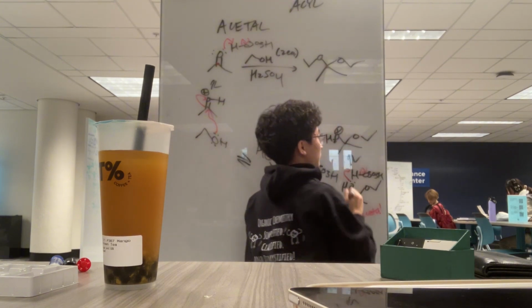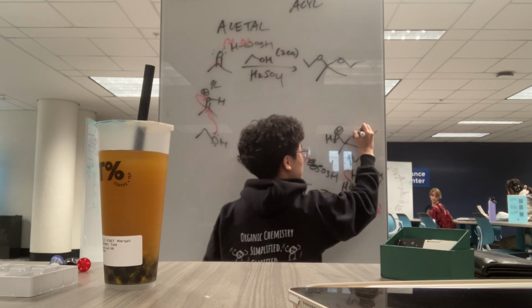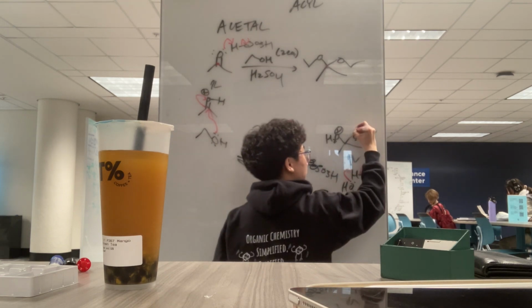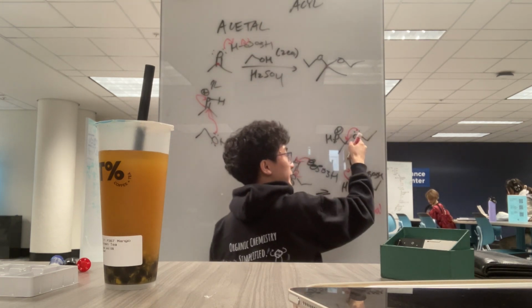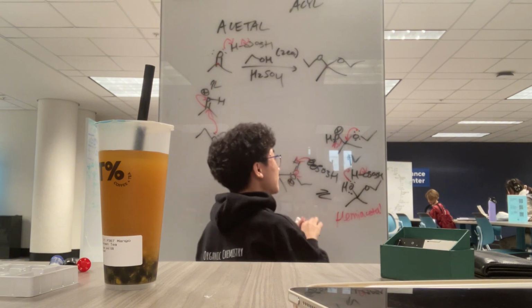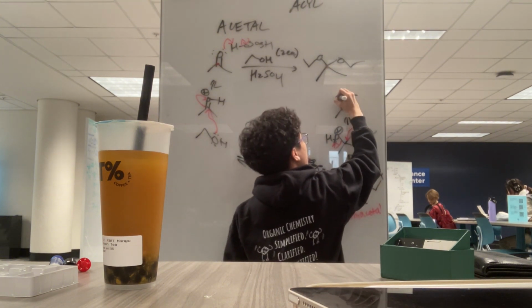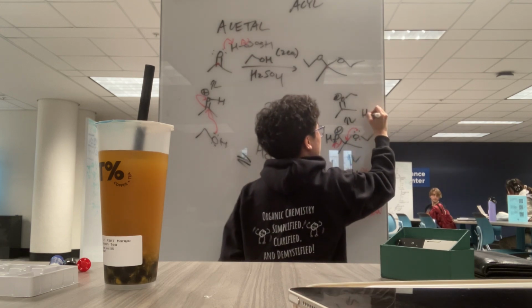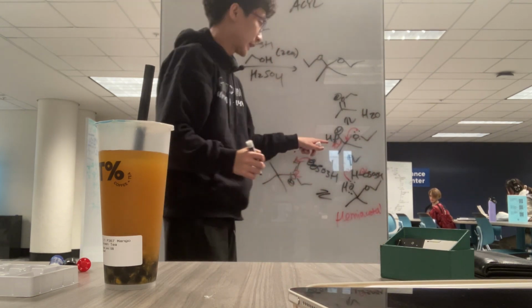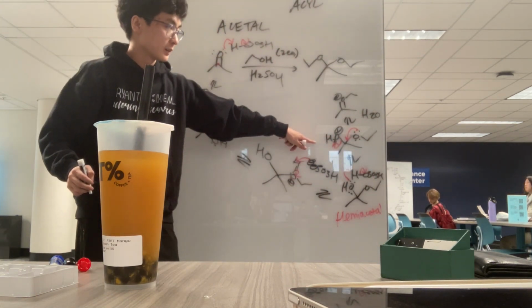Right? Now, once this is a good leaving group, we can drive that good leaving group off by forming a carbonyl with this oxygen and kick out that water, giving us this intermediate here.